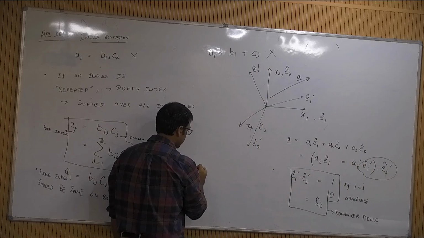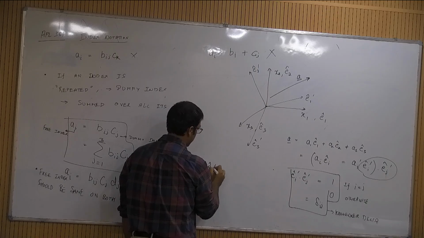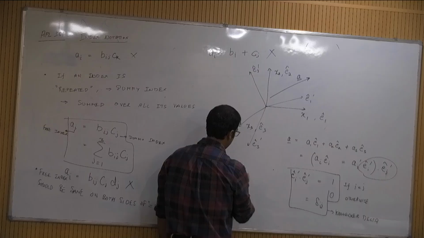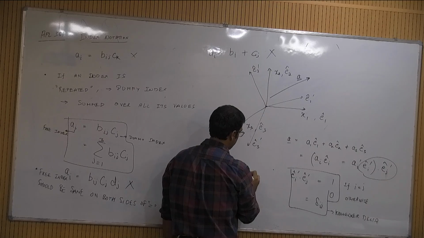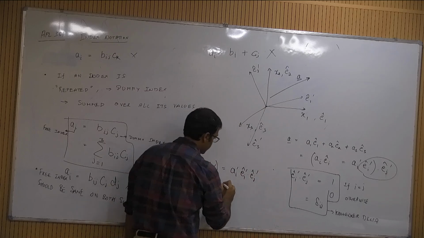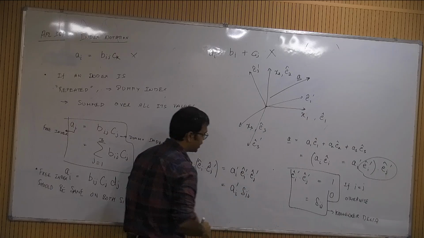do I get? A i e hat i dot e hat j prime equals A i prime e hat i prime dot e hat j prime, which I can write as A i prime delta ij.